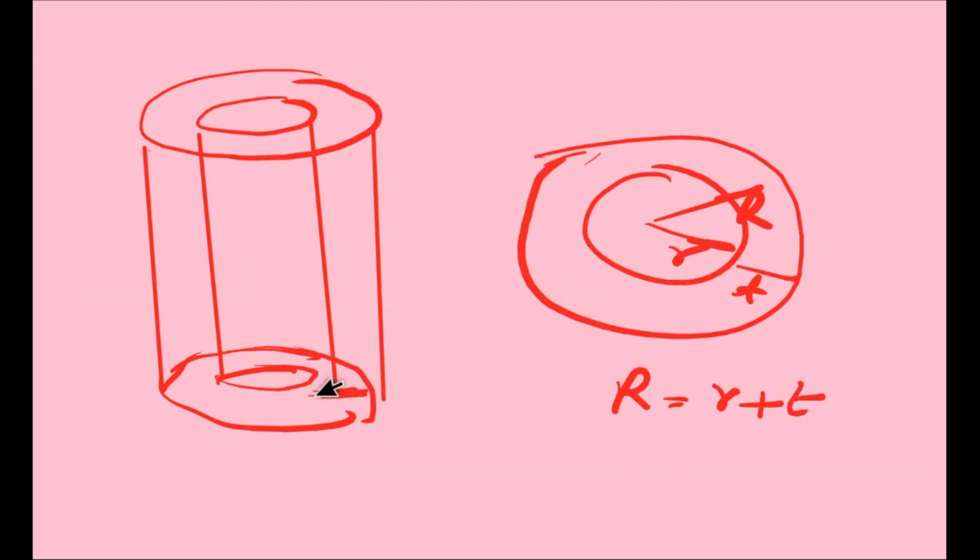Okay, this is the thickness. So if you want to know the volume of the metal, it means the area of the ring into height. If you want to know the surface, it is the area of the outer surface, the area of the inner surface and the area of the ring.